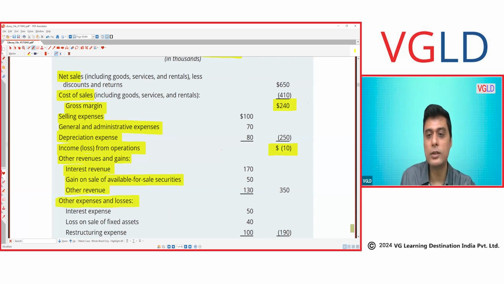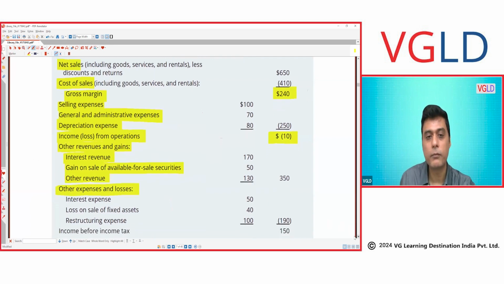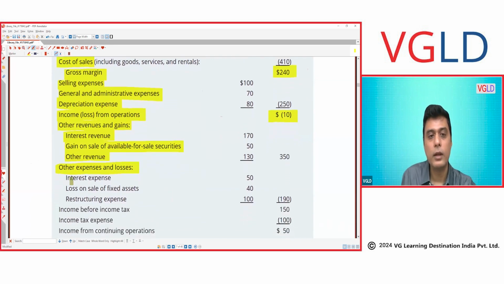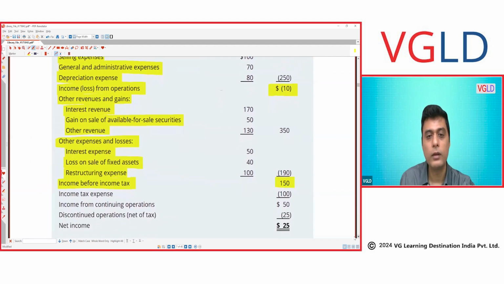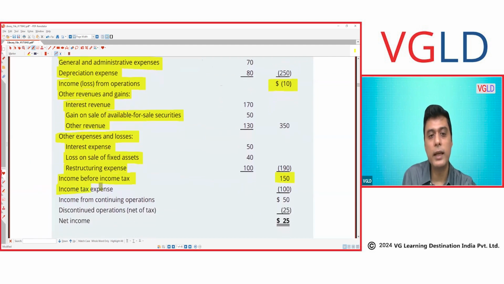Other expenses and losses, interest expense, loss on sale of fixed assets, restructuring expense. Now you got your income before income tax. This is your third break over here. Then you have income tax expense, income from continuing operations. Fourth. Then you have discontinued operations, net of tax. And finally, you have net income is your fifth.